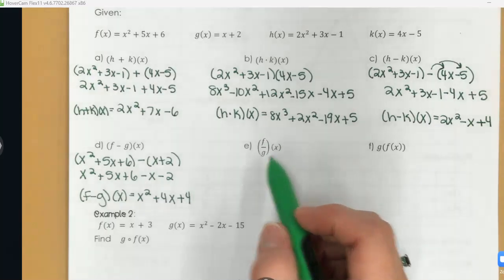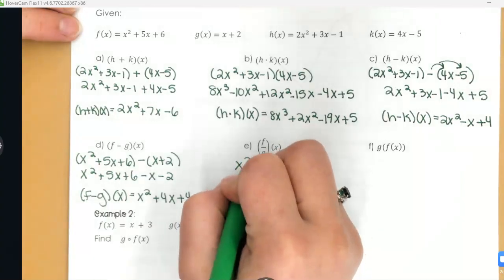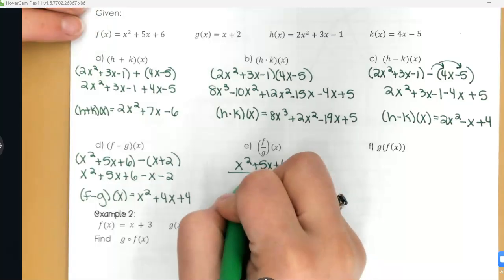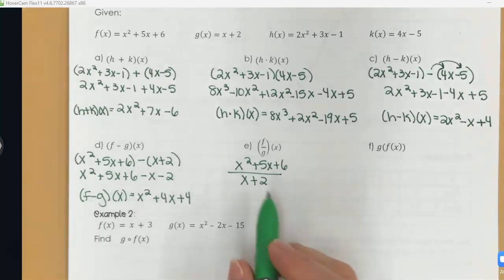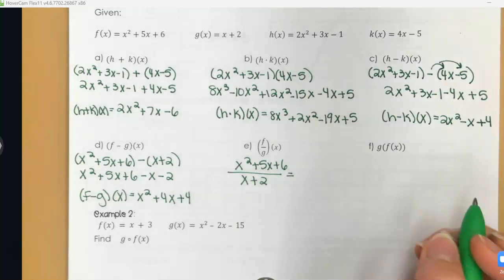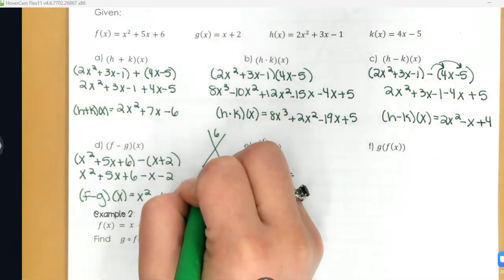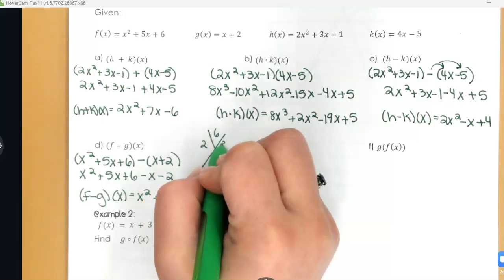On to E, this one is division. I'm going to divide f and g, so that's going to be x squared plus 5x plus 6 divided by g, which is x plus 2. Now, when you are simplifying fractions, remember you are simplifying and canceling out common factors. So if I look at this top, this is not in factored form, but I can put it in factored form if you need your x method to help you get there. 6 and 5, the two numbers that multiply to 6 and add to 5 are 2 and 3.